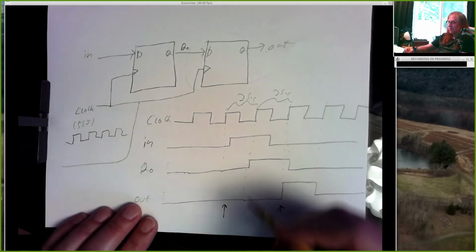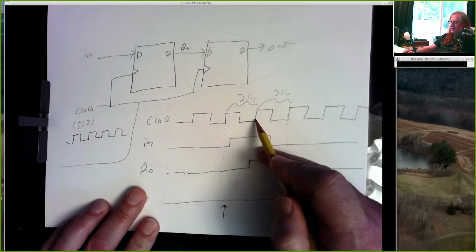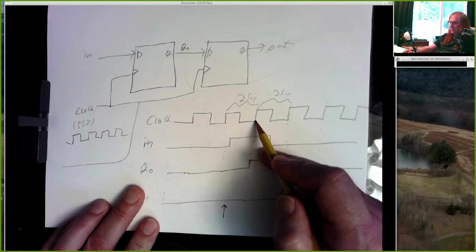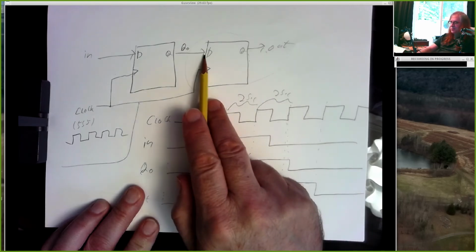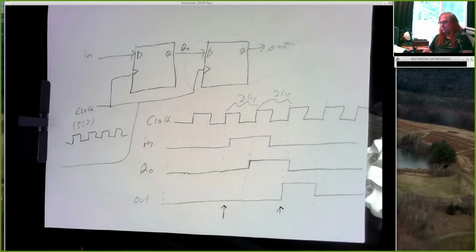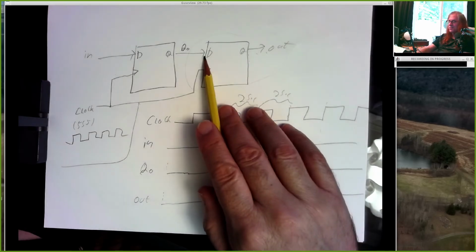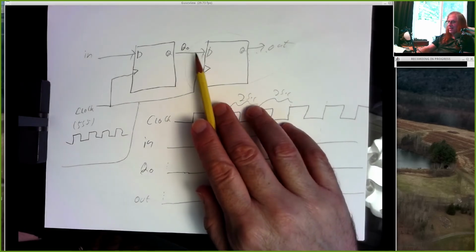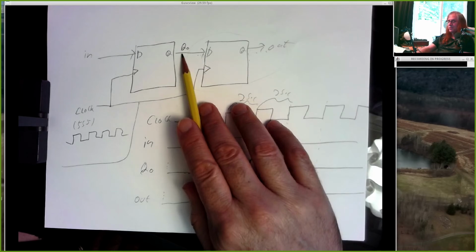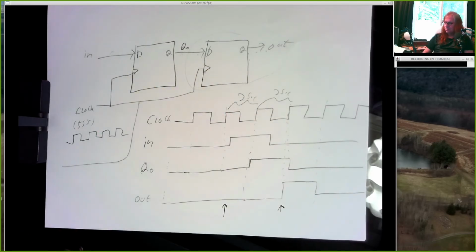Right at the moment that Q0 goes high, our clock has just occurred. And that high input on Q0 is not going to change this output until the following clock cycle. So our output won't go high until 2 seconds after this input goes high. And this output goes high 0 to 2 seconds after this input.